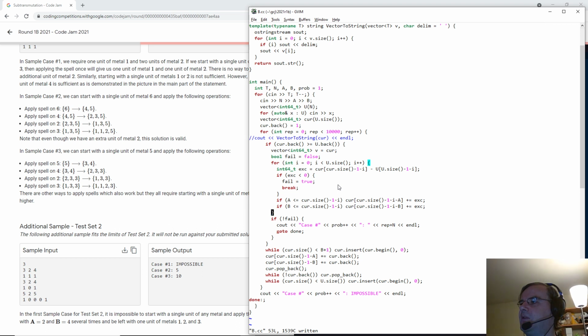I don't think it's going to matter. If I overflow, it basically means it's impossible. But I will overflow. So that's interesting, before I hit this 10,000. I don't think it's going to matter, because overflowing will just make it harder because I will miss things.